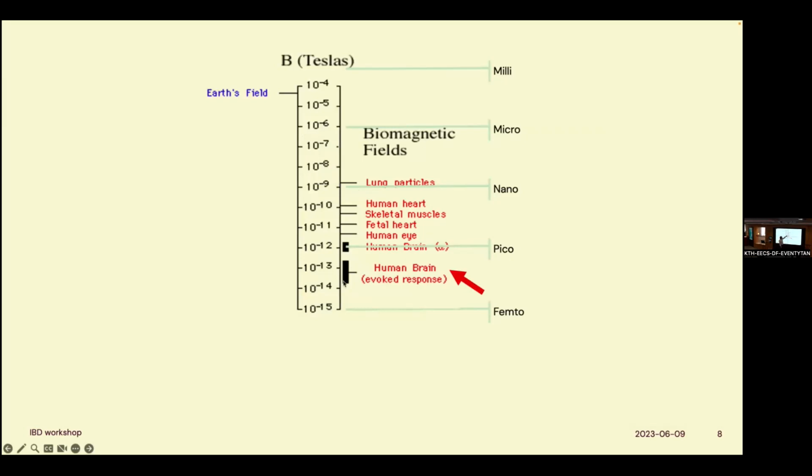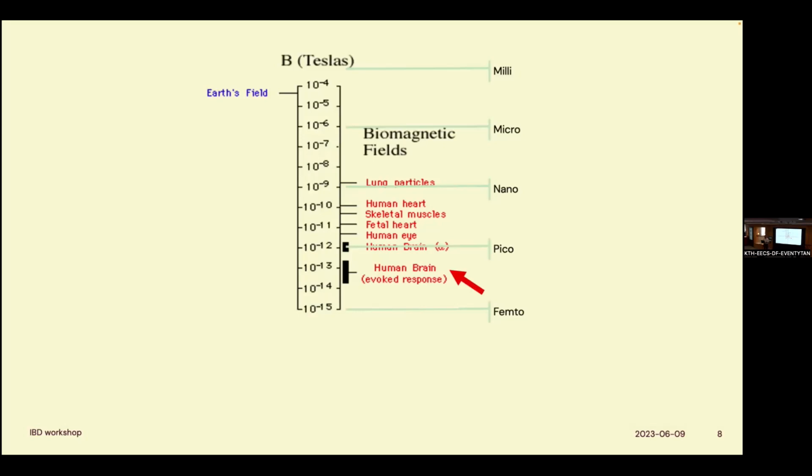The heart is somewhere around 10 to the minus 10 Tesla, so hundreds of picotesla. What we're interested in is in the range of femtotesla, 10 to the minus 14, 15. Just to give you an idea, the Earth field is like 1 billion times higher.